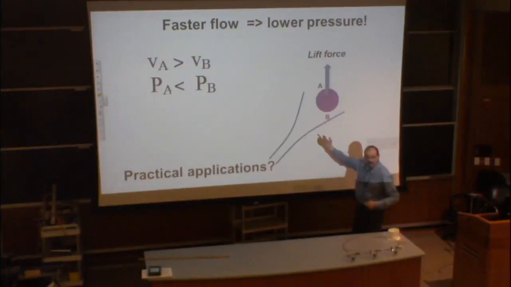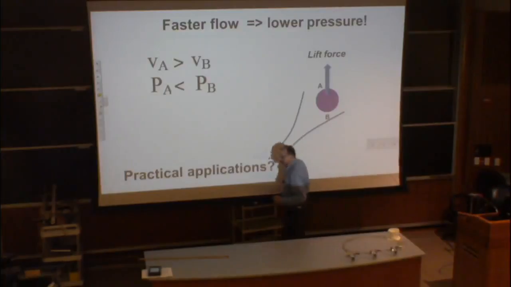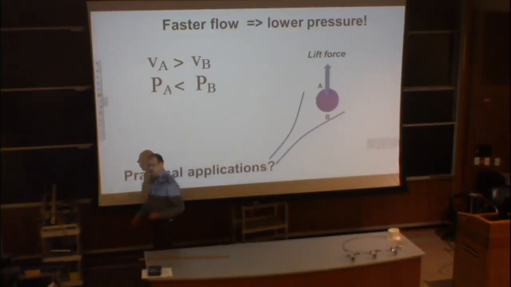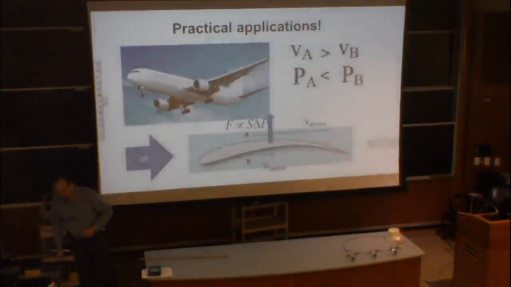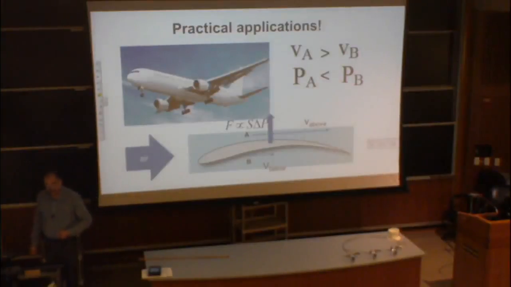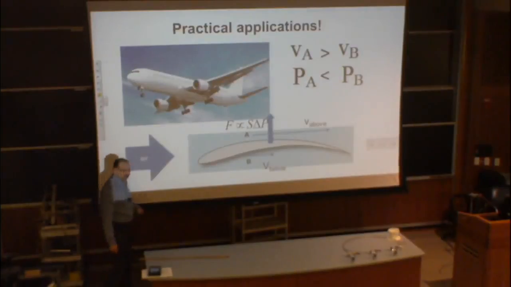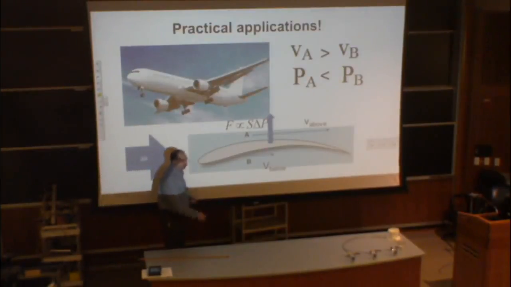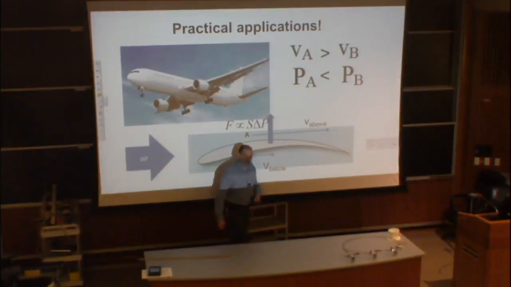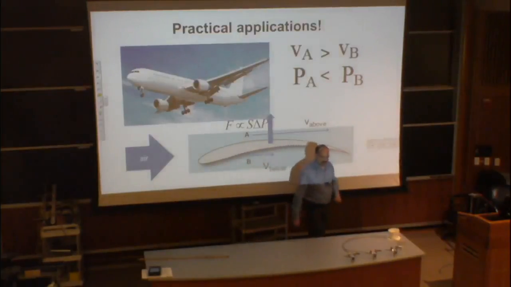So we have a net force acting up. How do we use it? Very heavily. That's why they fly. A wing is made in such a way so there's a net force which lifts that whole thing up.